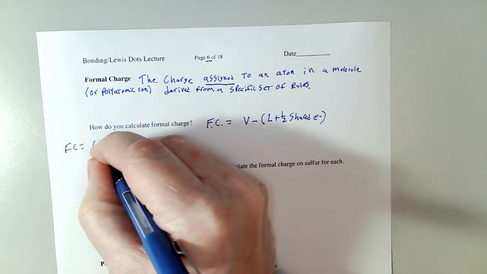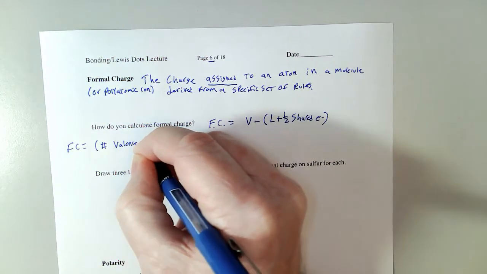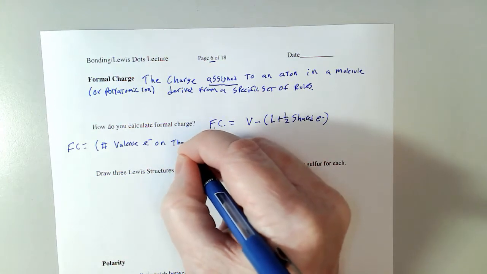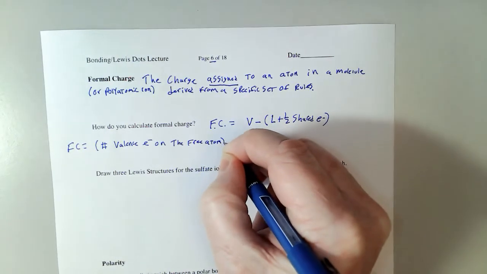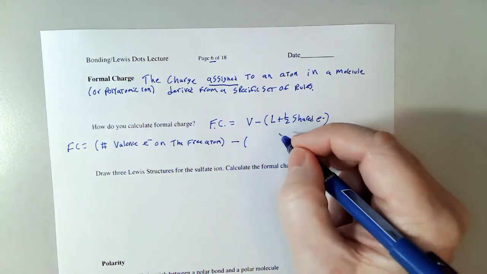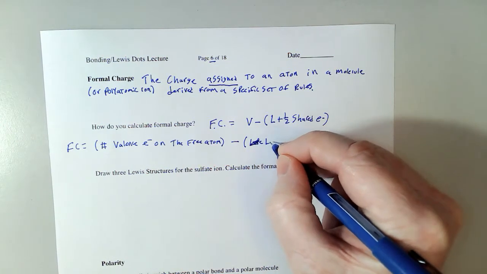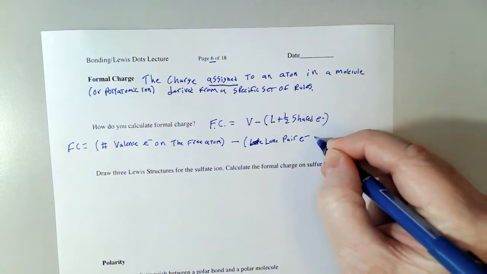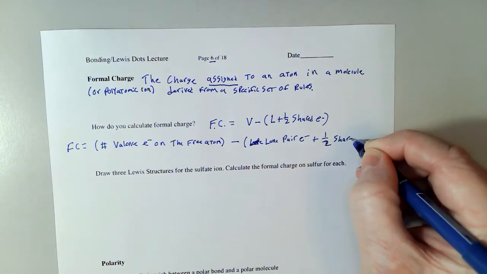You take the number of valence electrons on the free atom, meaning when it's not bonded, minus the lone pair electrons, plus 1/2 of the shared electrons.